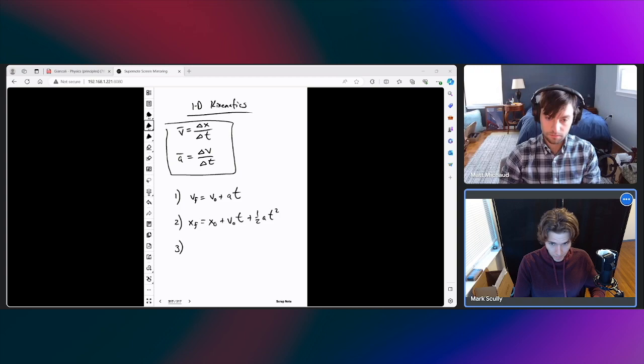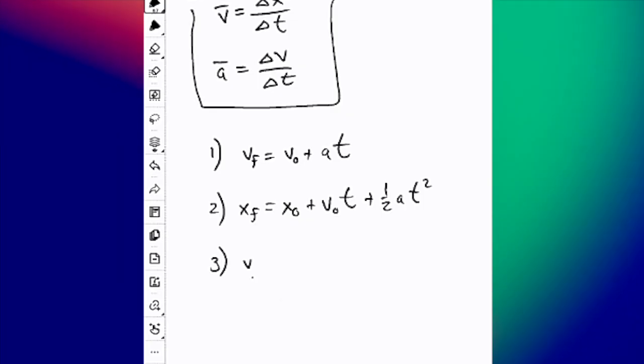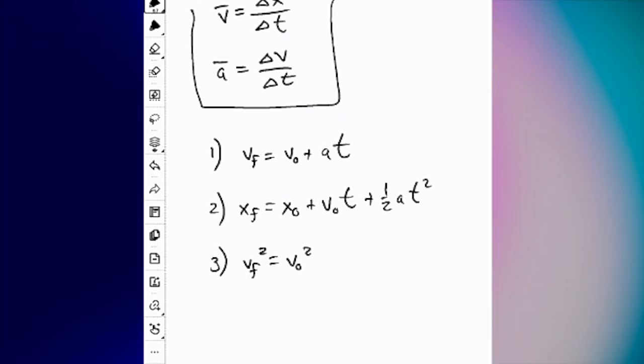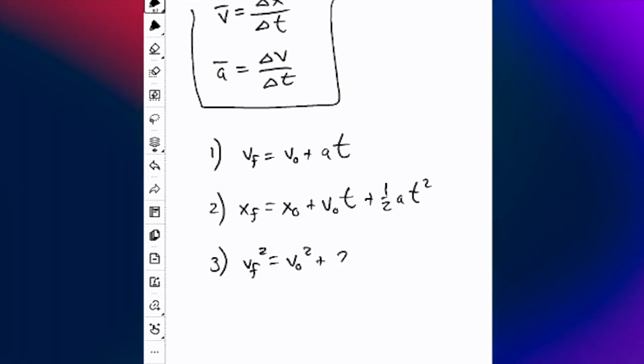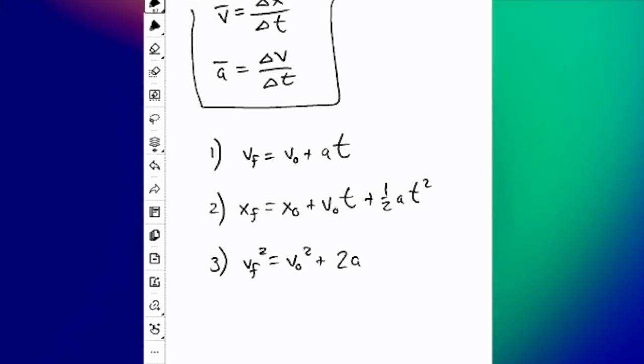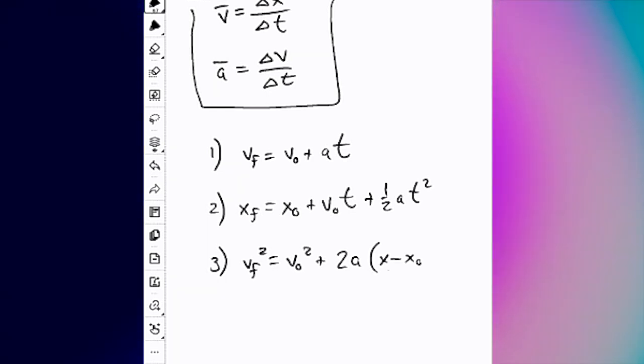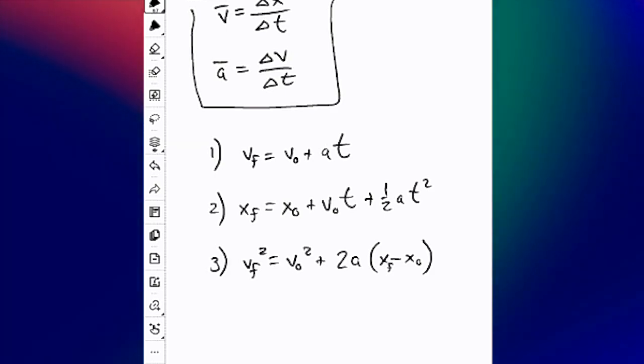The third is that the final velocity squared is equal to the initial velocity squared plus 2 times the acceleration times the change in position, or position final minus position initial.